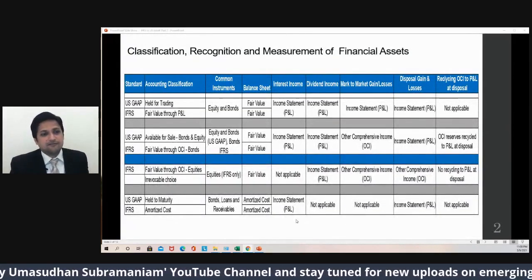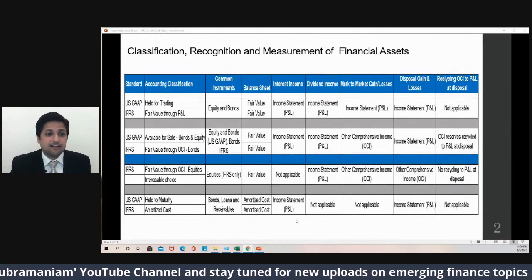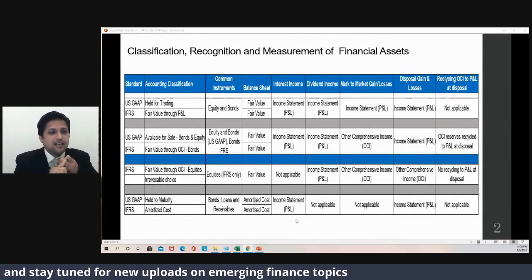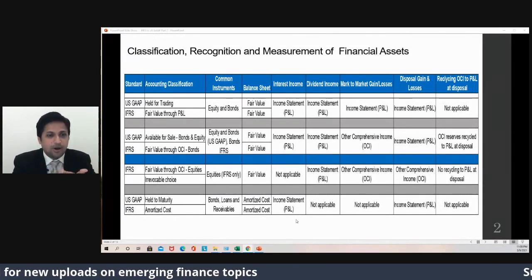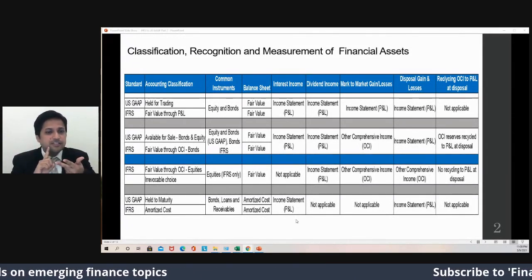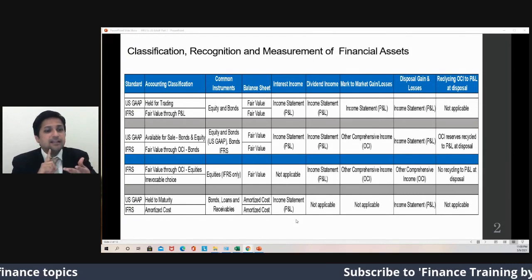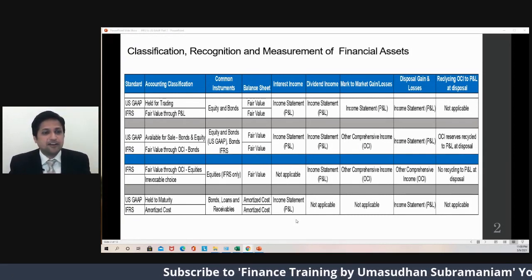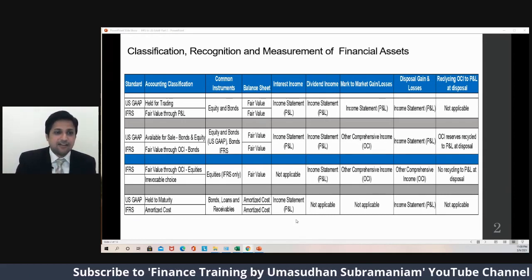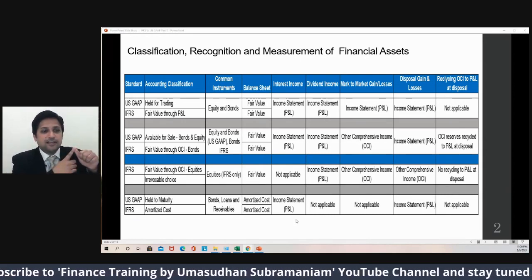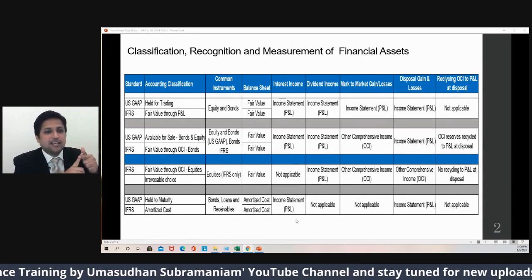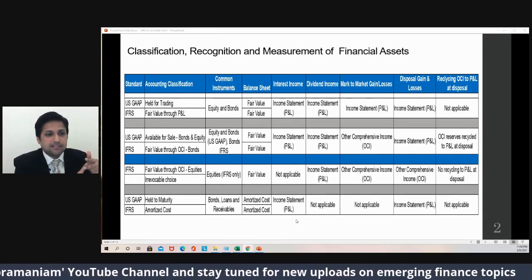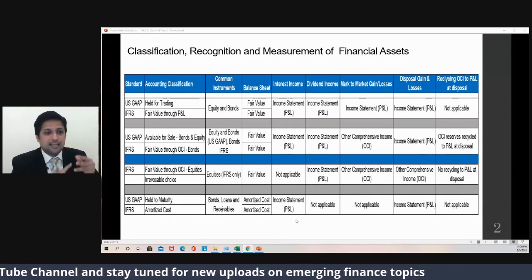In IFRS, financial assets are classified under 4 categories, which are fair value through P&L, fair value through OCI bonds, fair value through OCI equities, and amortized cost. Similarly, in US GAAP, financial assets are classified as held for trading, available for sale bonds and equity, held to maturity bonds, and loans and receivables.